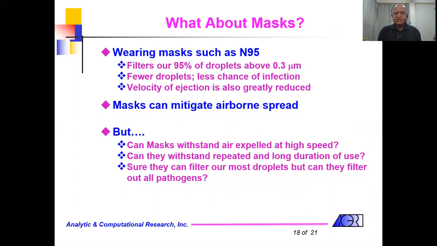Can masks withstand air expelled at high speed, such as sneezing at 20 meters per second, repeated coughs, long duration of use? Sure, they can filter out most droplets, 95% of them, but can they filter out all the pathogens? Pathogens are not seen as the droplets, and smaller droplets may also carry pathogens.